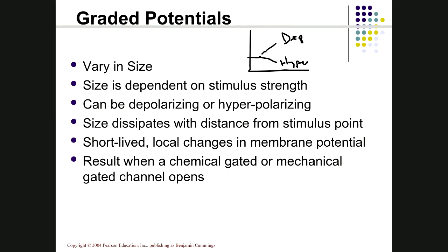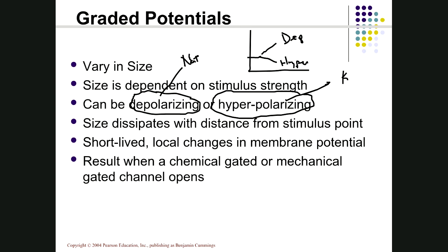Which kind of channel opens if it's depolarizing? Which ion? Sodium, gated sodium. Which kind opens if it's hyperpolarizing? Gated potassium. So it can be either one. It just depends on which kind of channel it opens.